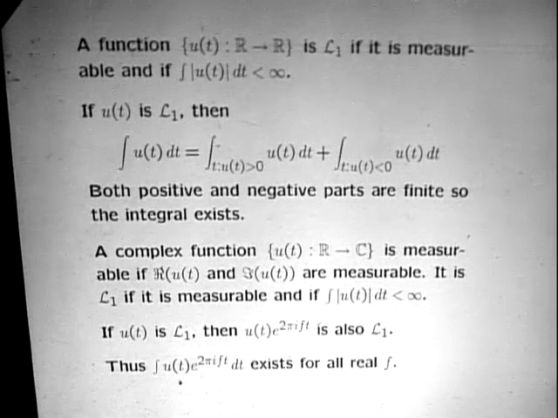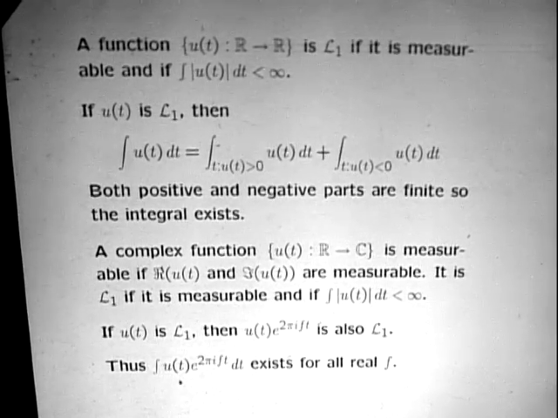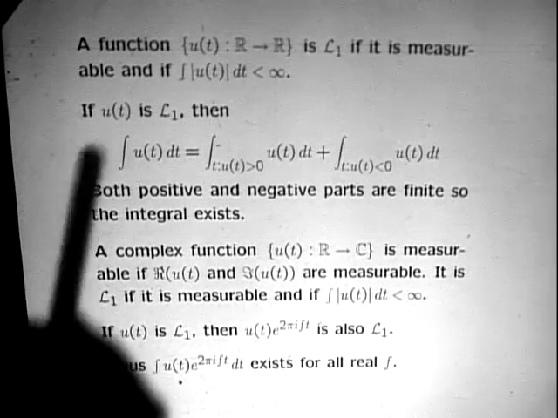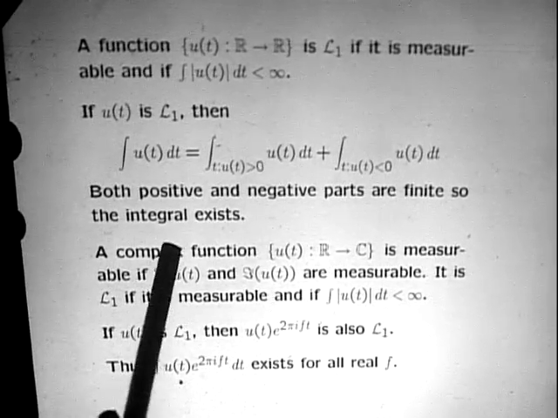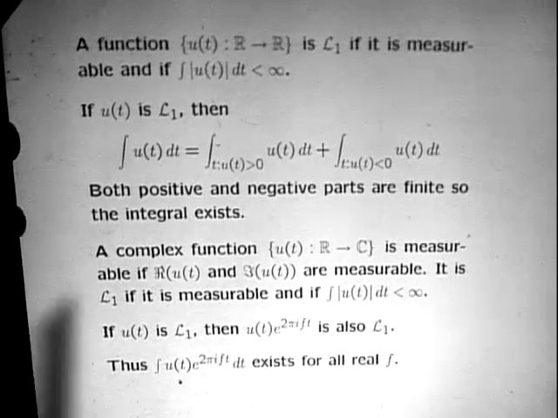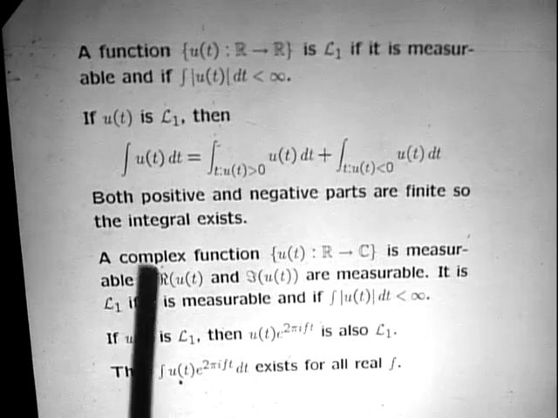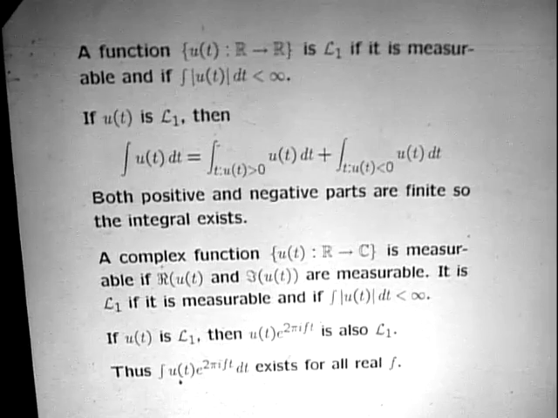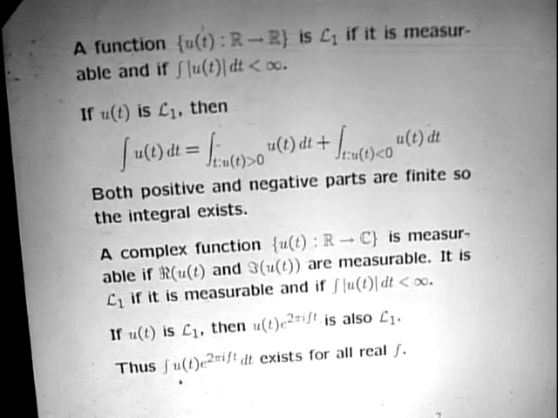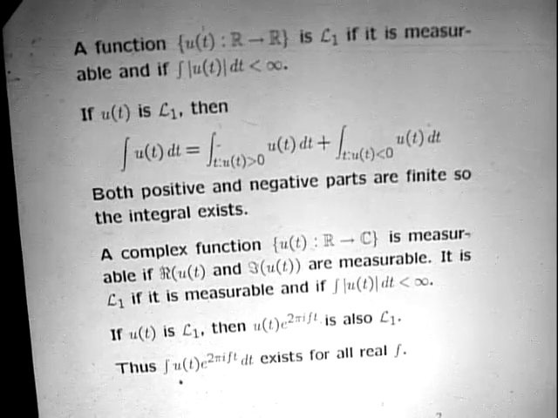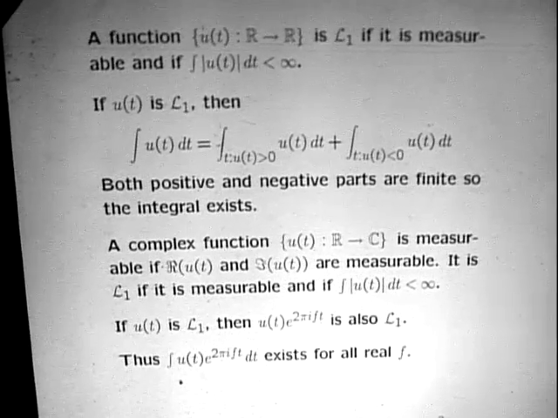And instead of having an integral which is infinite or finite, you have a function which might just be undefined completely. Well, this says that if the function is L1, you can't ever have any problem with integrals of this sort being undefined, so that in fact u of t is always integrable and has a finite value in this case.